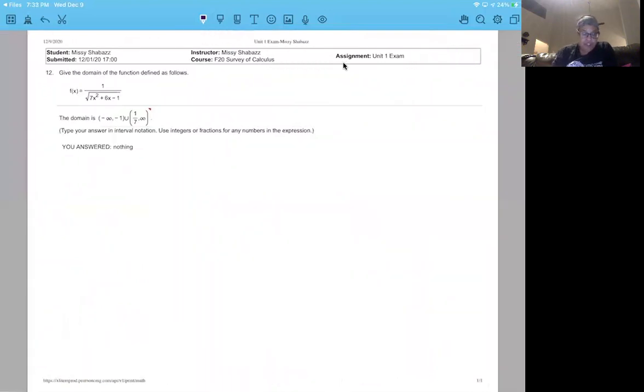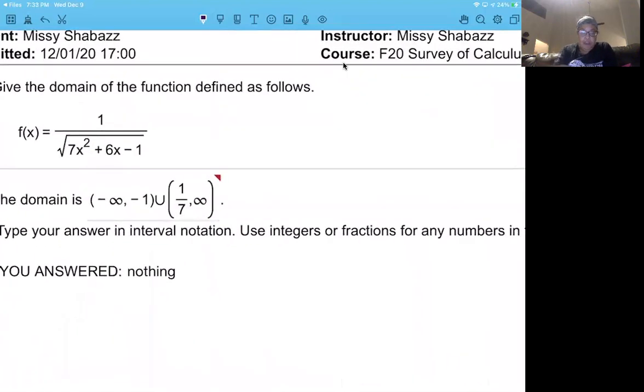Next question is find the domain of this function. Now, when we think about domain, we think about what can't be in our domain. And we should think about things that make the denominator 0, things that make the square root negative. It can equal 0, but not negative, underneath the square root.